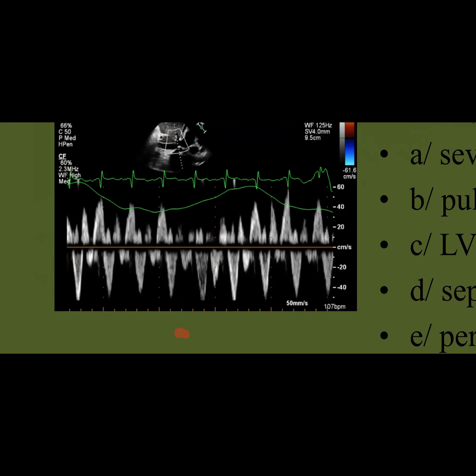So what did you see? We have a reversal flow during expiration in the hepatic vein. During expiration, increasing or decreasing? Yes, reversal flow. With inspiration the forward flow decreases.